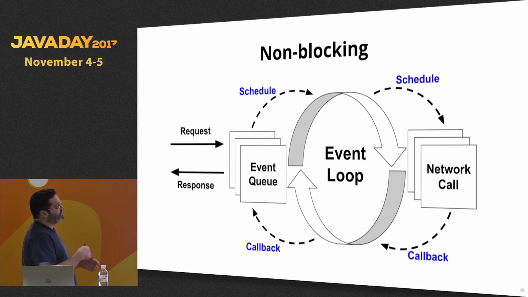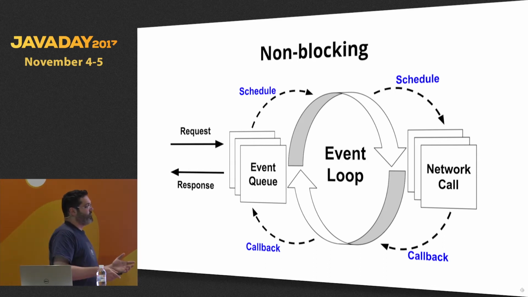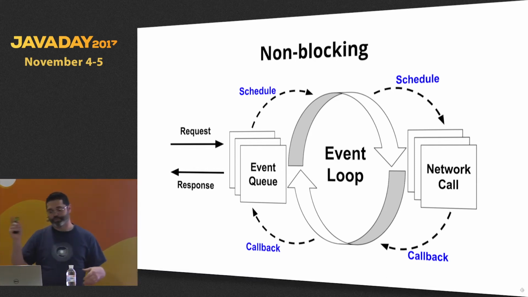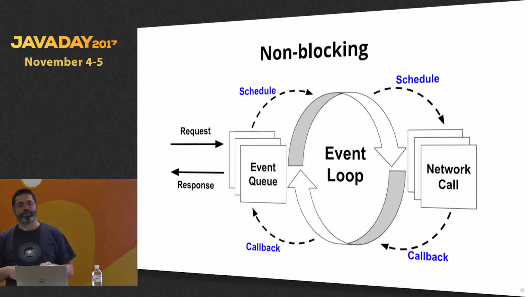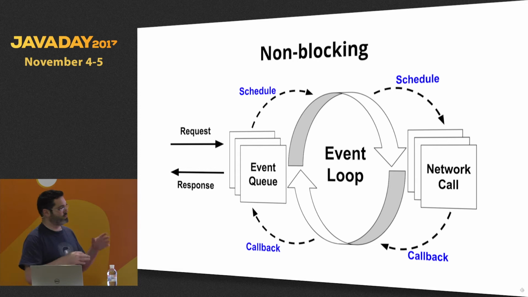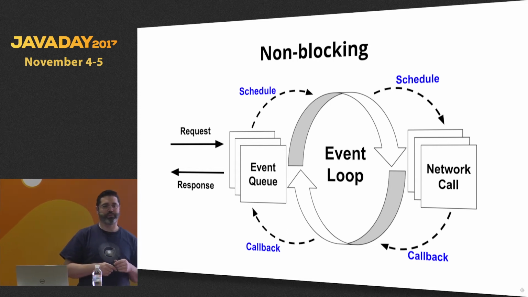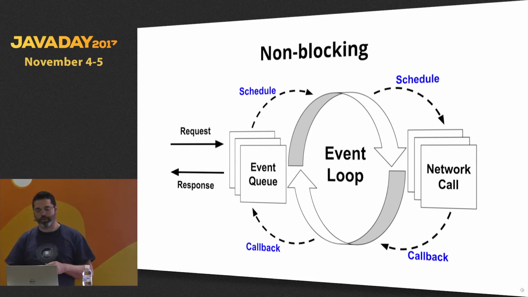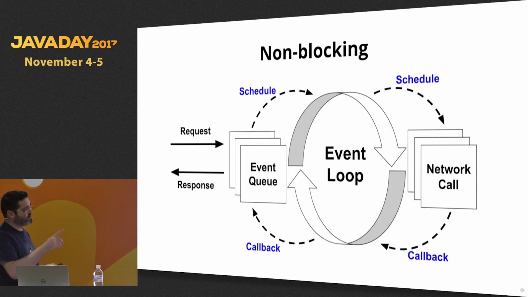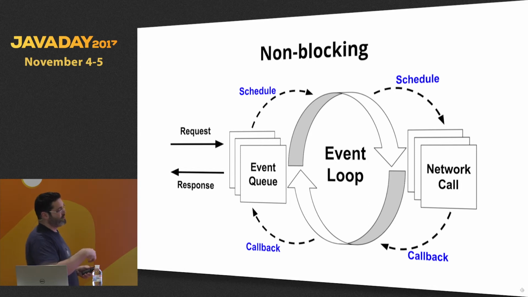A request comes in, gets put in the queue, and then there's a single event loop. Now in the case of Netty versus something like Node.js, the JVM will have multiple event loops, one for each thread available on the hardware. But in essence, there's just the one event loop, and then we make calls out on the back end, and then it's callback based. So there's nothing blocking.